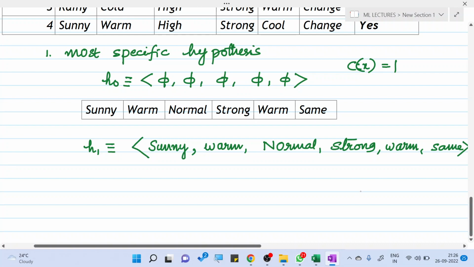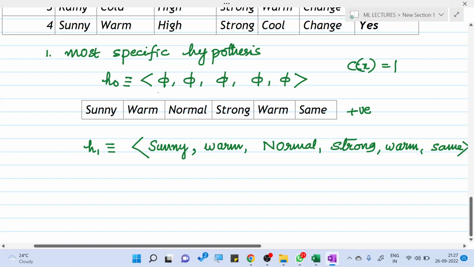How did I get it? I get that by considering the first training example, positive training example. Let me remind you, Find-S algorithm only considers positive training examples. It will not consider the negative training examples.